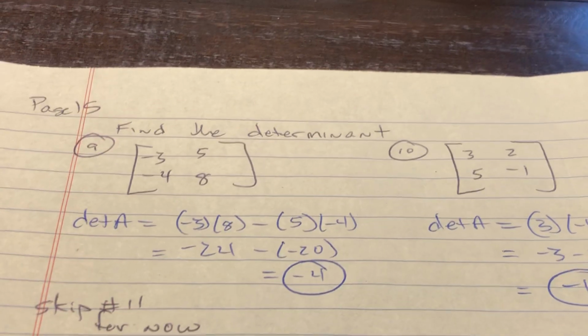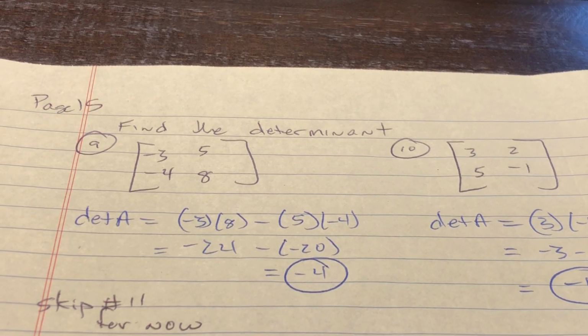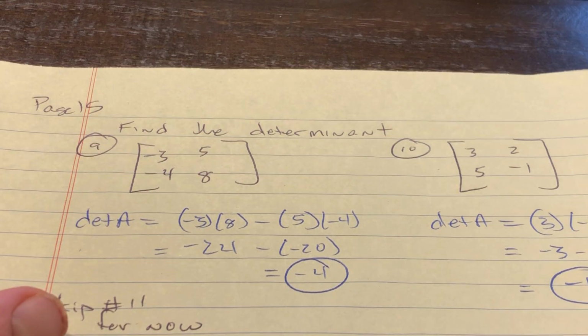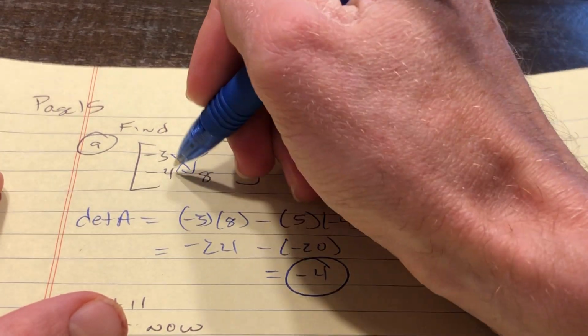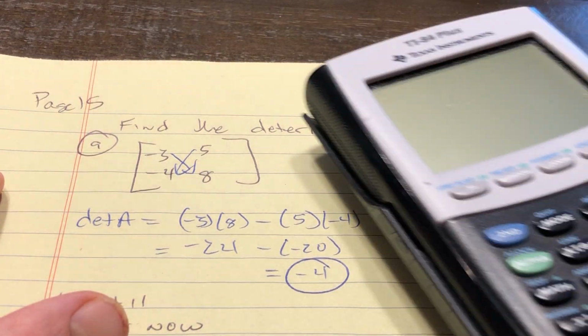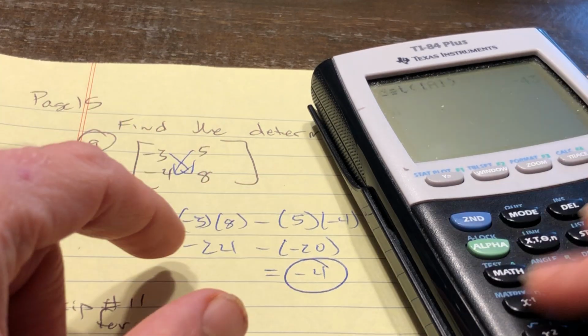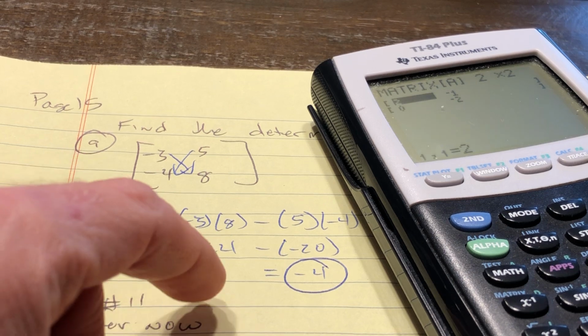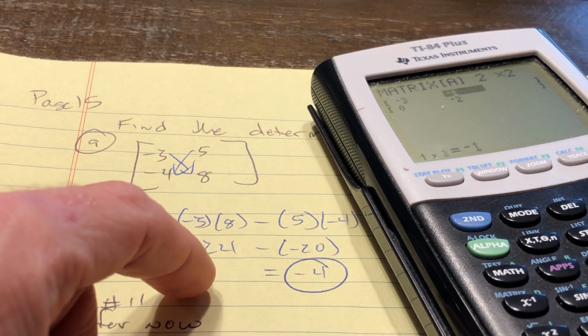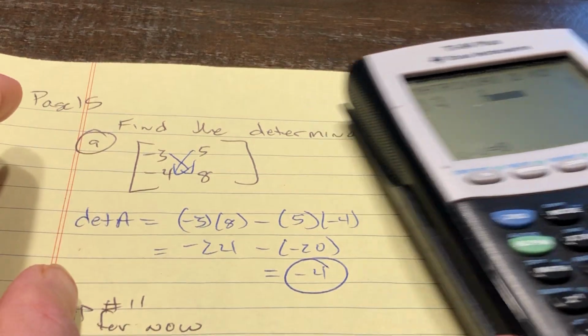Find each determinant. Again, you can use the calculator if you want. A is a 2 by 2. Or you can just do the difference of the cross products. Negative 3 times 8 minus 5 times a negative 4. That one is so very easy. I can go 2, enter, 2, enter. Negative 3, 5, negative 4, 8, right?